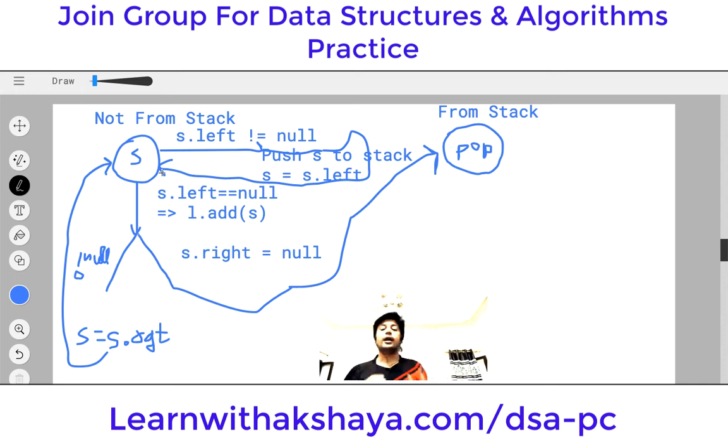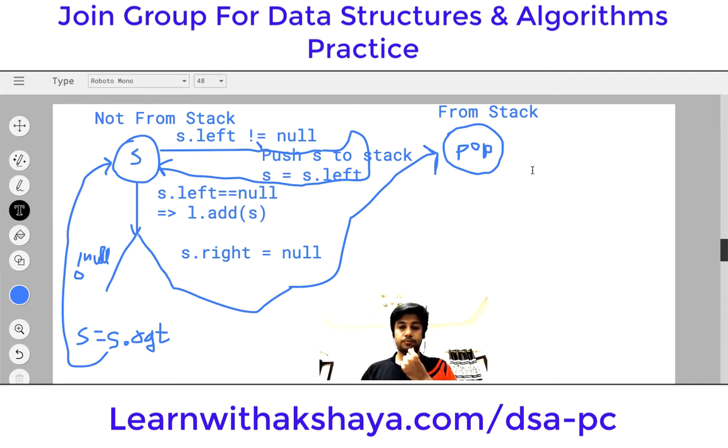Okay, great. Now let's come to the state of conditions for a node which we are getting from popping, right? So in this state, what we are basically going to do is s is equal to stack dot pop. Okay, that's the only thing that we are doing over here.